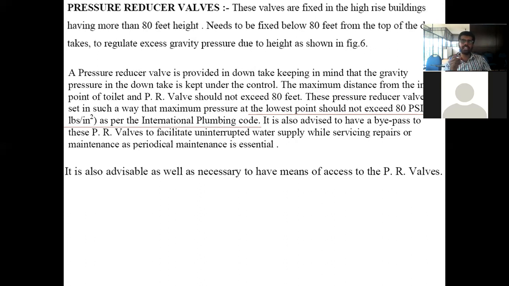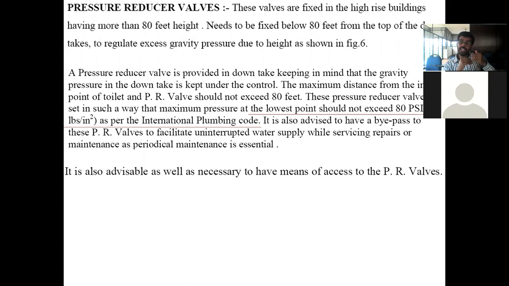So what it is saying is that there is a pipe connection and we will be keeping a pressure reducer valve. And if something happens to the pressure reducing valve, some maintenance or servicing, what happens? The water supply will stop.